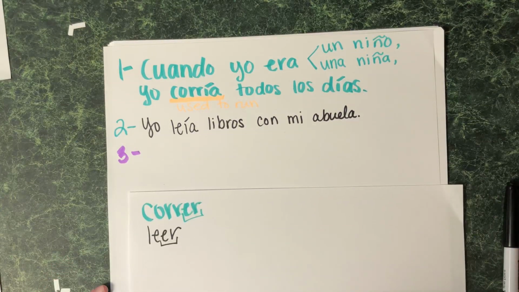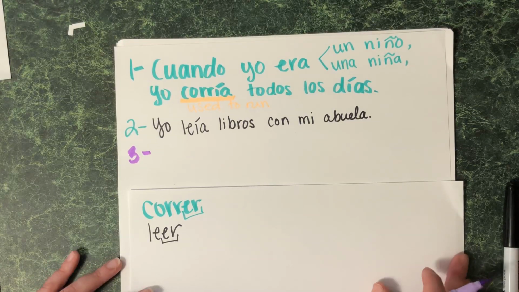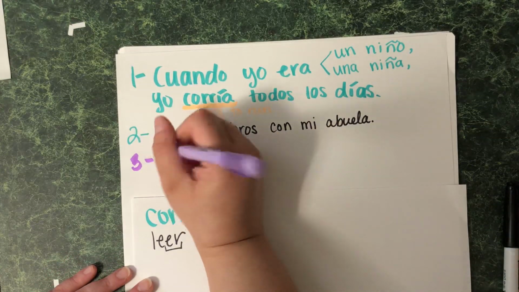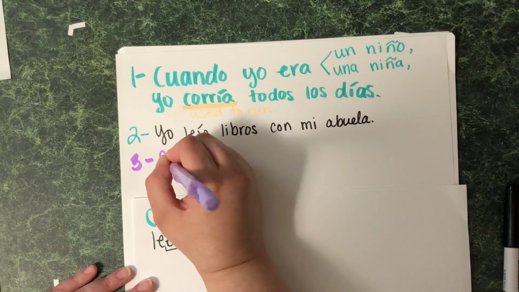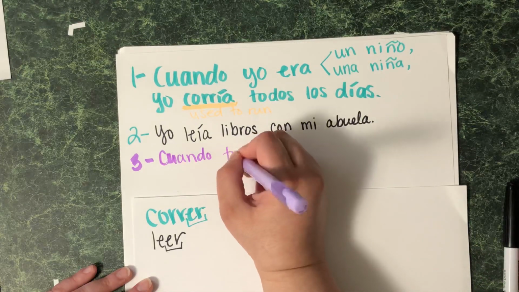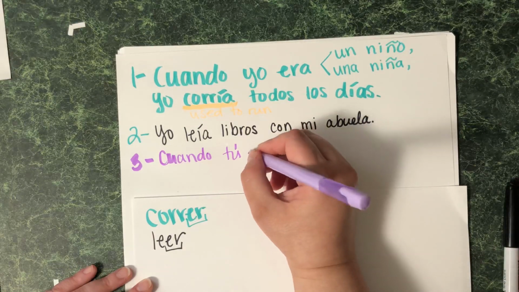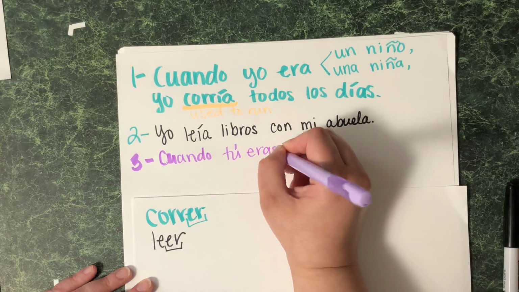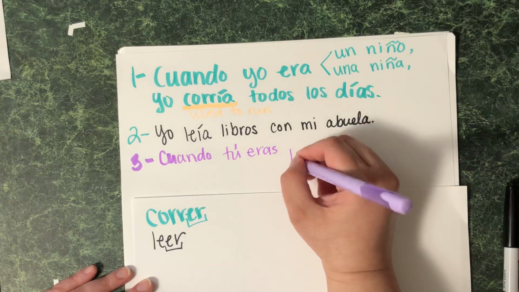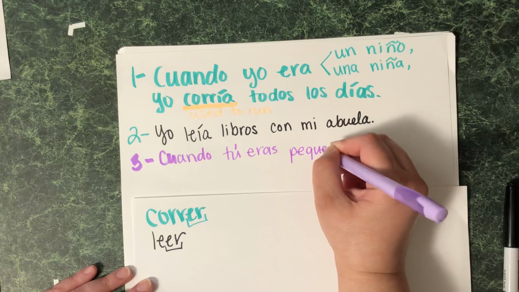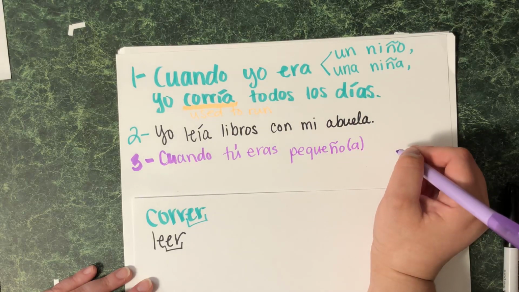All right, so it says you used to visit me. But we first have the phrase when you were little. Cuando tú eras. We're going to use the verb ser. It's a description. Ser is irregular. It's one of those 3. Cuando tú eras, and then little. Pequeño or pequeña, whichever one you want to pick.